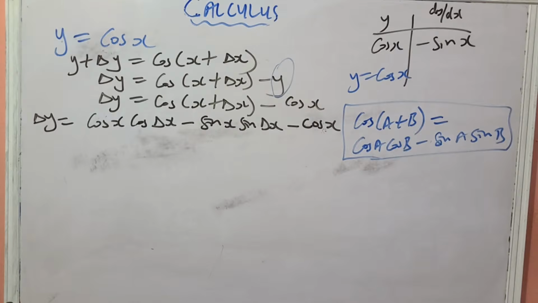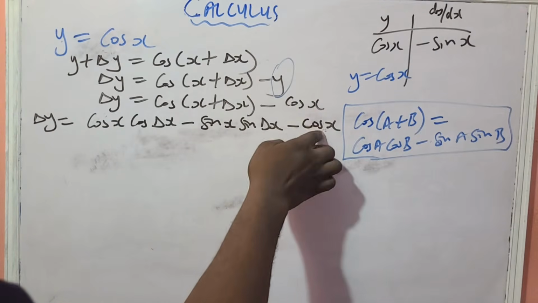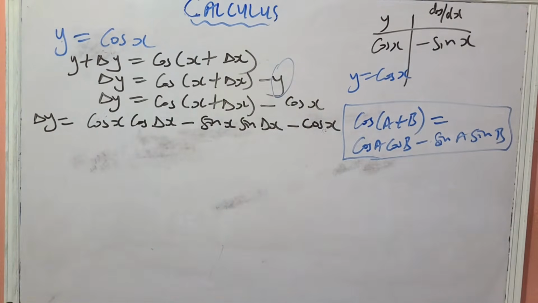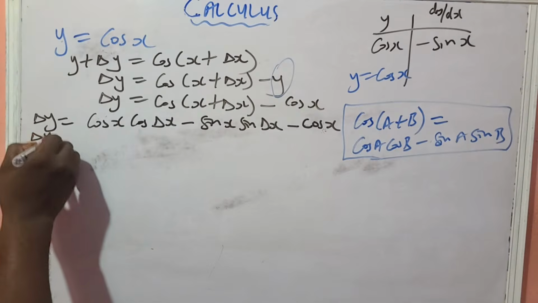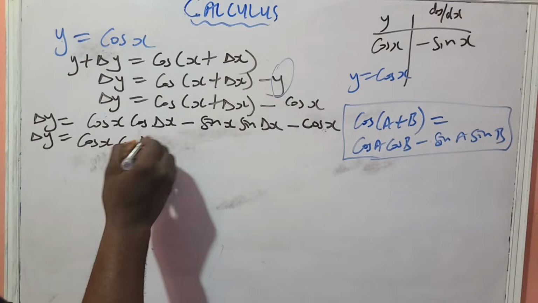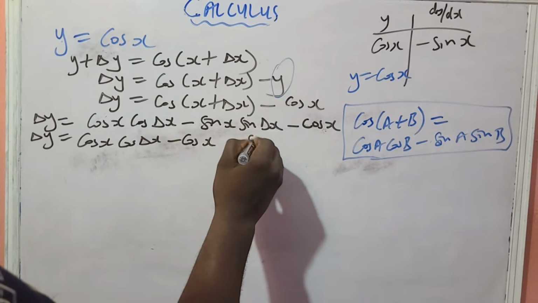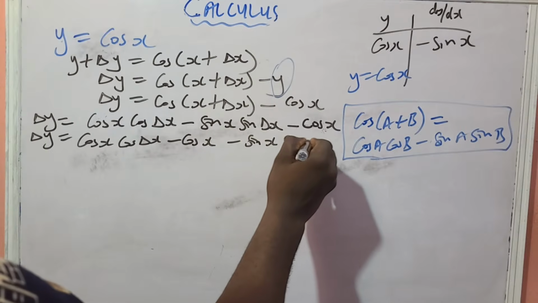All right. Now that we have done this, the next thing to do is let's see if we can collect like terms, because that's probably the most visible thing to do right here. So I can see this and this, they have something common. For those that probably need me to do this, let me bring them together: cos x cos change in x, then I'll bring this minus close by so that you can see what we are doing.